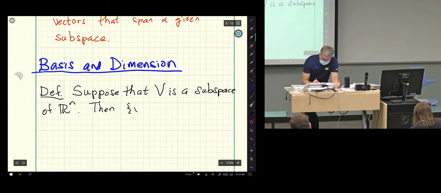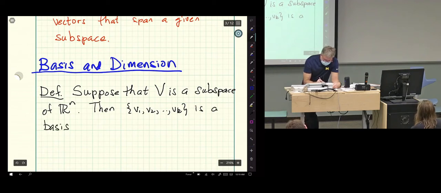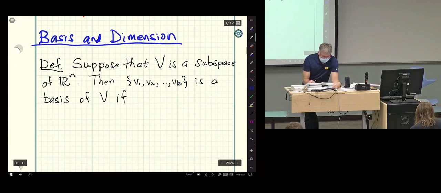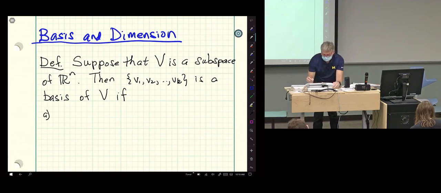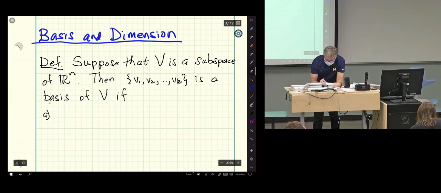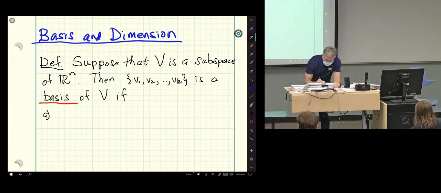Then a set of vectors V1, V2, up to Vk is a basis of V if, and we have two things holding true, we want this set to be linearly independent.